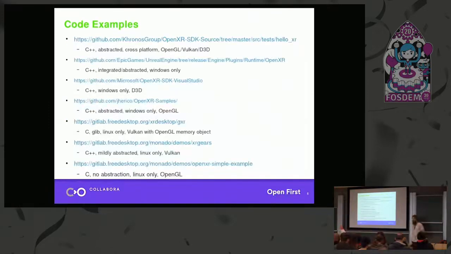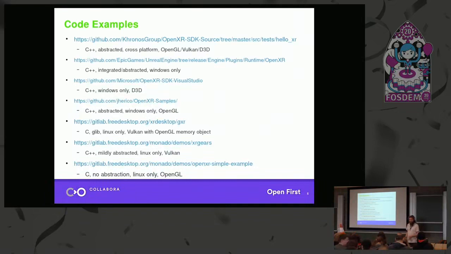So this is a list of examples. I will put the slides on the FOSDEM site so you can find all of these. Noteworthy are GXR, which is a library we have developed for the purposes of our XR desktop project, which Luboš will talk about in his talk. It implements an OpenVR and OpenXR backend.